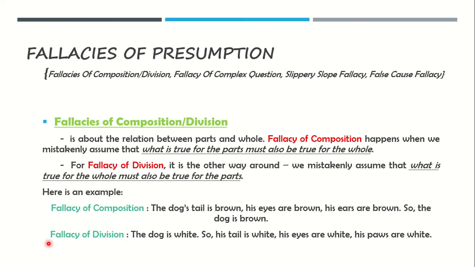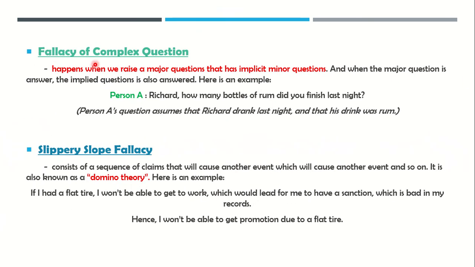Now, let us proceed to the next example of fallacies of presumption. We have here the fallacy of complex question. The fallacy of complex question happens when you raise a major question that has implicit minor questions, and when the major question is answered, the implied or hidden questions are also answered.